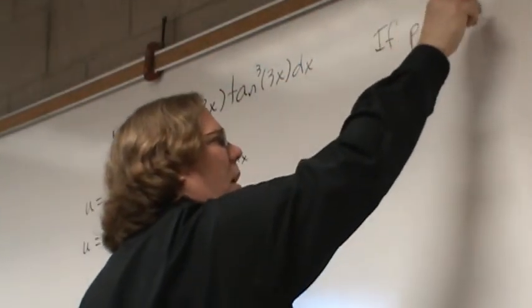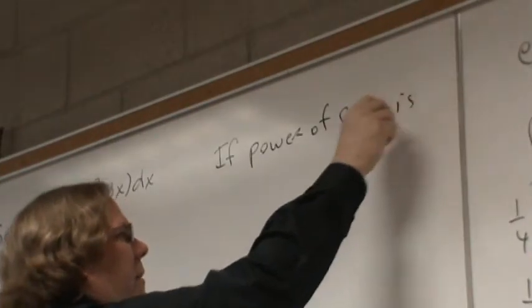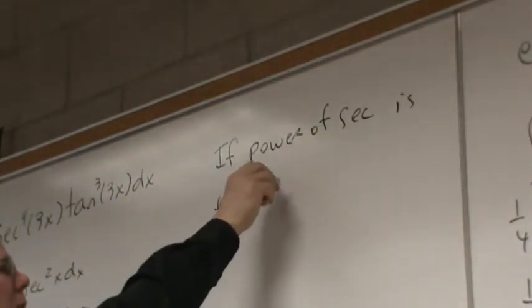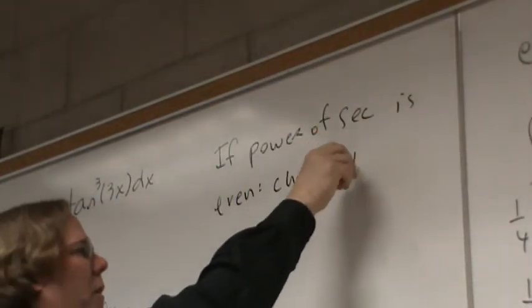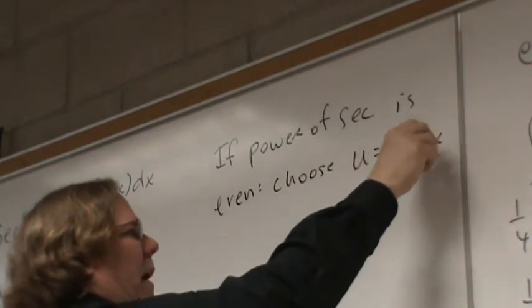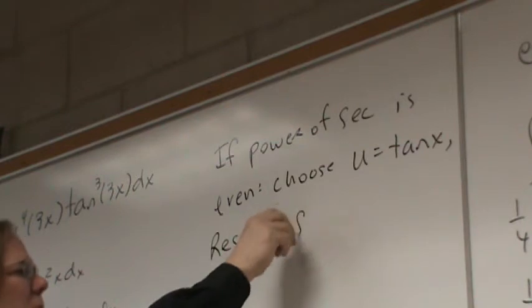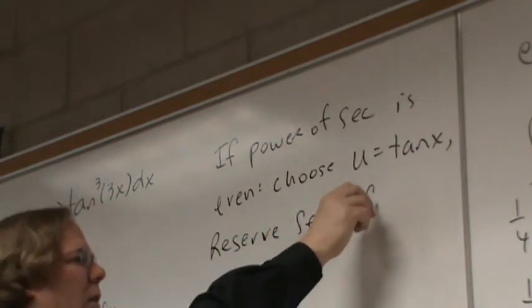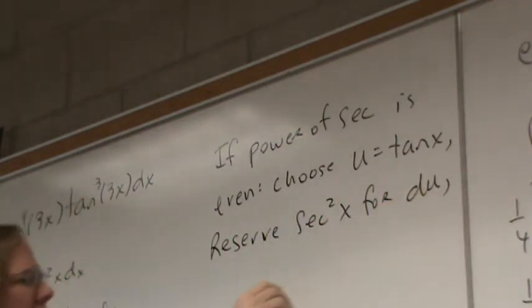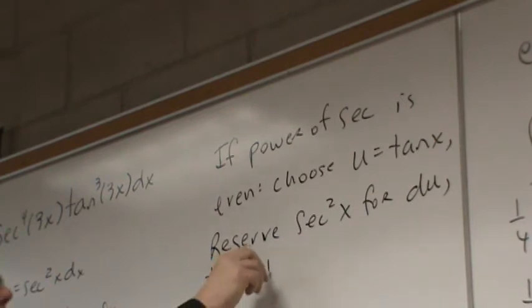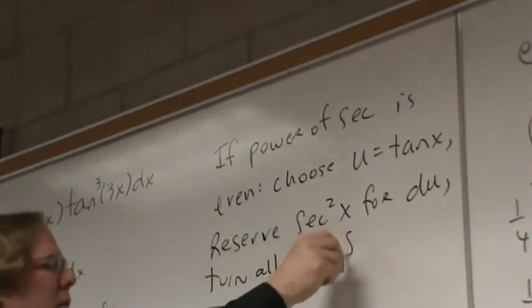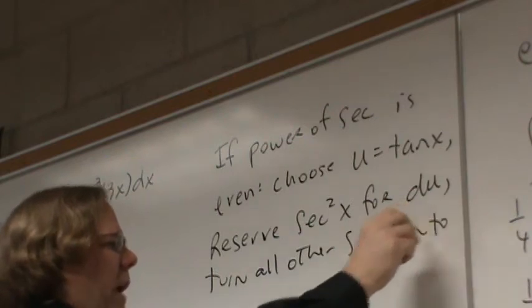If the power of secant is even, choose u equal tangent x, reserve a secant squared of x for the du, turn all other secants into tangents.